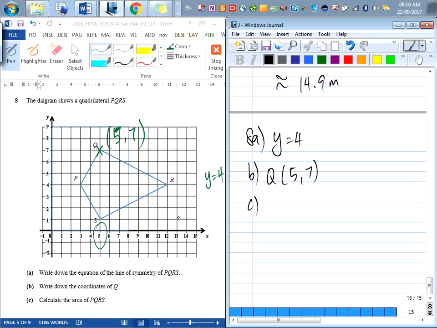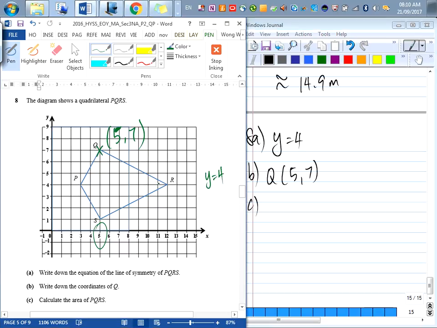Part C, calculate the area of PQRS. Okay, this blue figure, how to calculate the area? Okay, we cut it into 2 equal parts. Earlier on, we had our line of symmetry, right? So now I have 2 triangles, and they are the same triangle. They are congruent because it is divided by a line of symmetry.